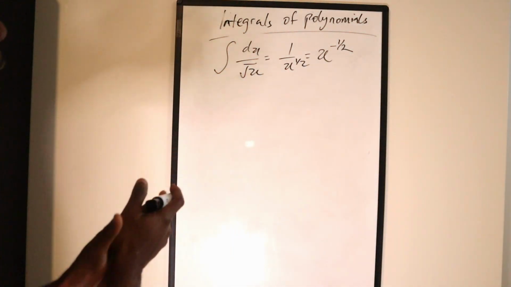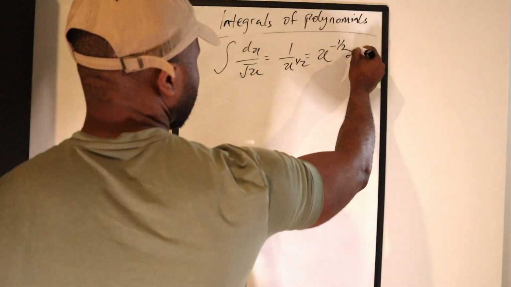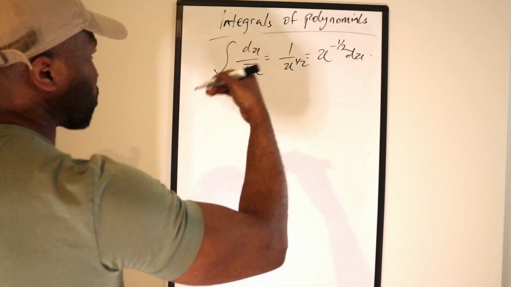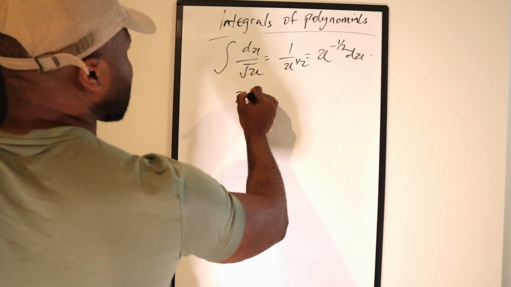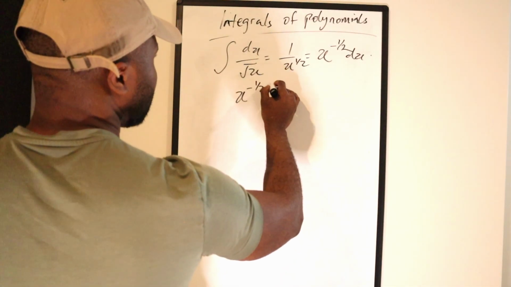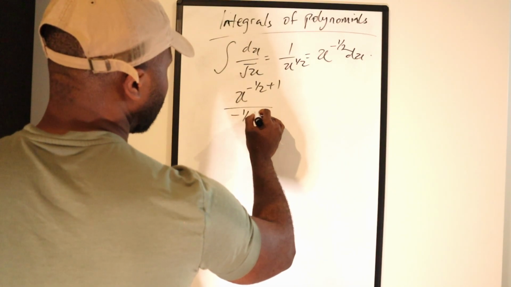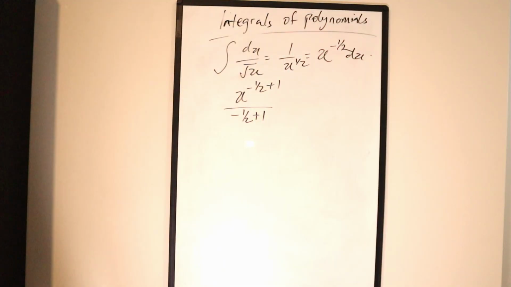Now we can work with this. So integrating, you have to consider the power: x^(-1/2+1) divided by -1/2+1. So we have to break this further and get our answer.